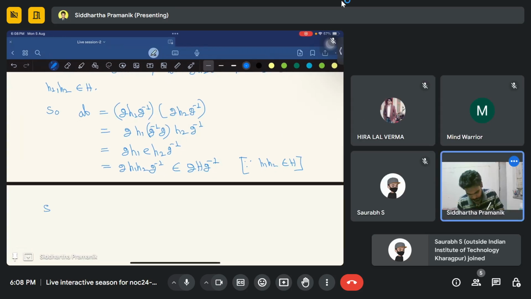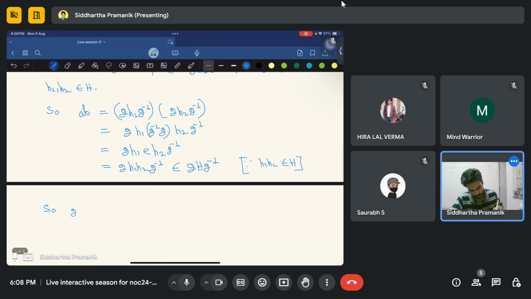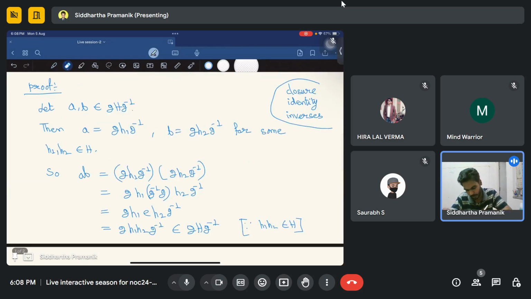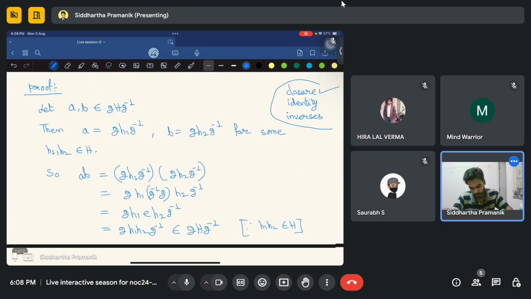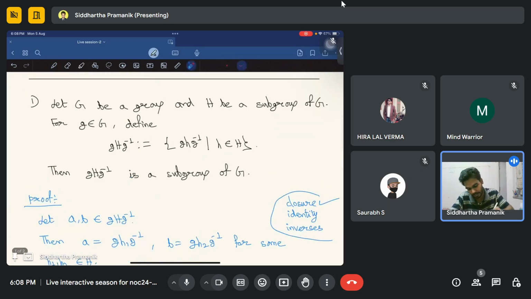So gHg inverse is closed. So the first property holds here, right? So let's check whether the identity element belongs to the set or not. To show the identity element belongs here, we must show the identity element looks like g h g inverse for some h.